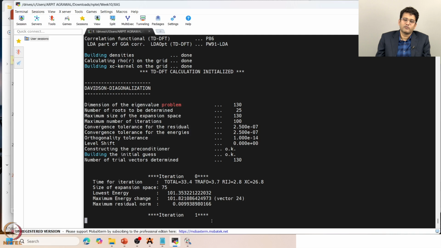So, here you see, because of the chlorine edge, the values are around 101.